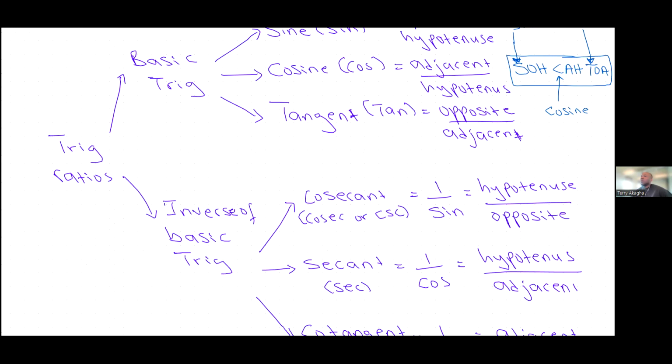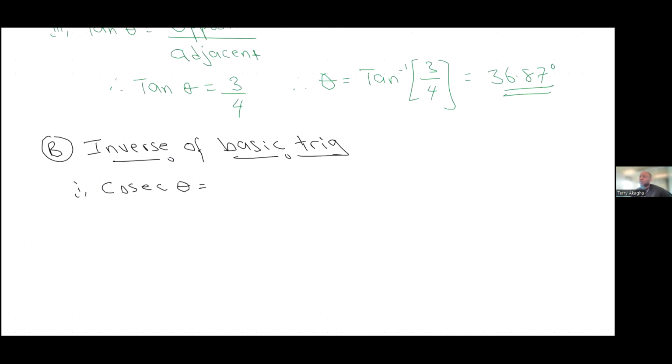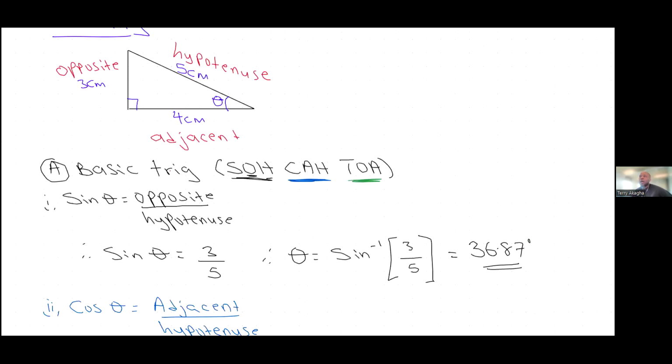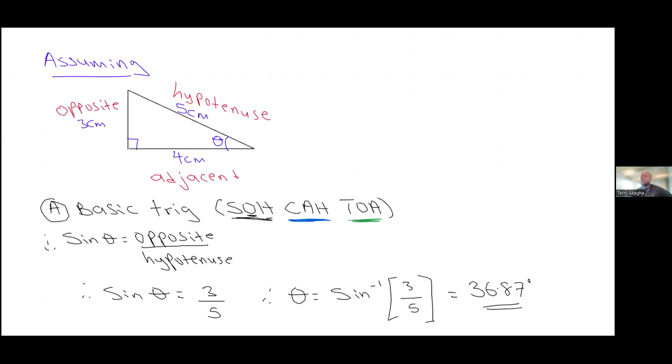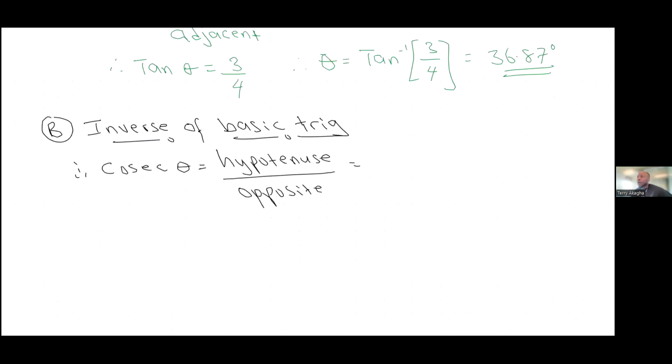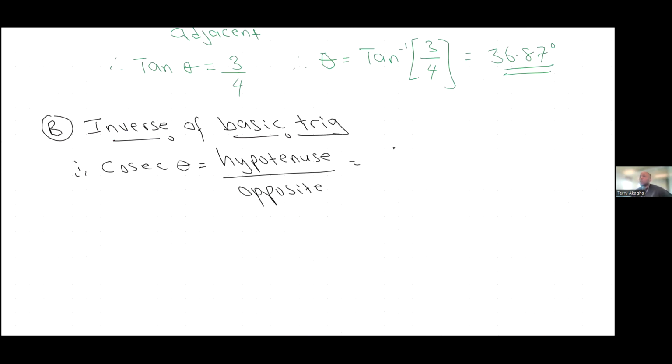So cosecant is equal to hypotenuse divided by opposite. Right? So let's go to the diagram. The hypotenuse here is 5, and the opposite is 3.